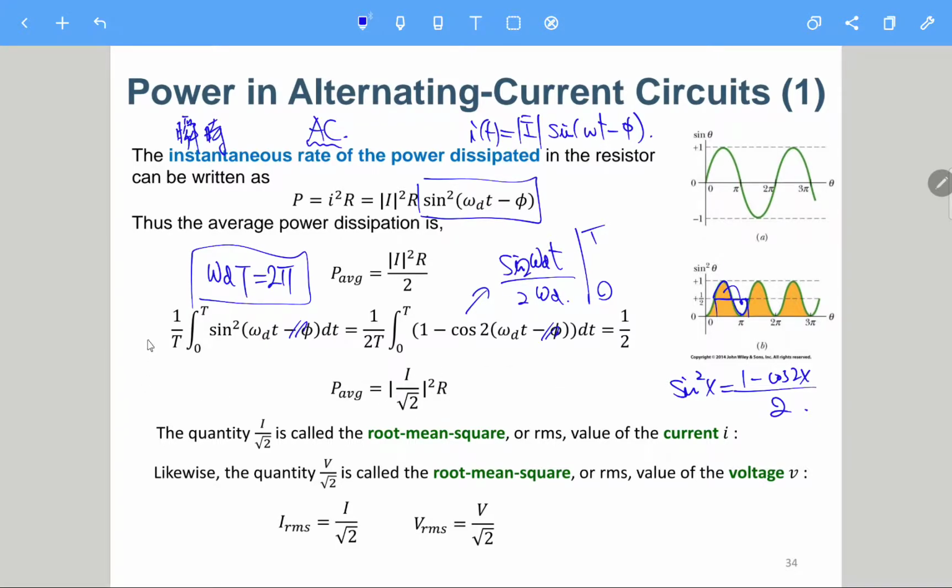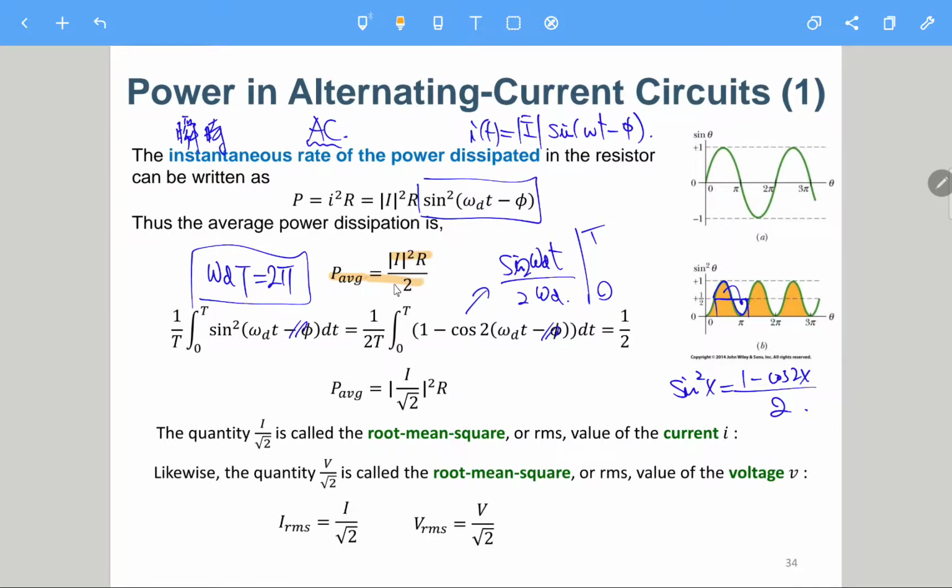So we find that the average value of this term is 1/2, which means that the average value of the power will be 1/2 times I square R, which is this one. This one is important.